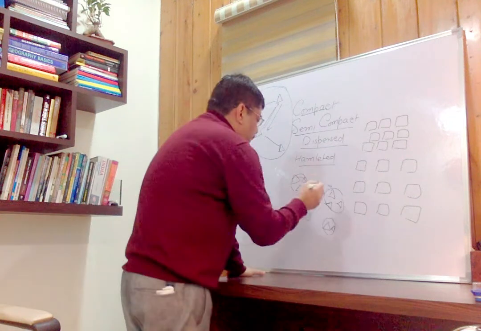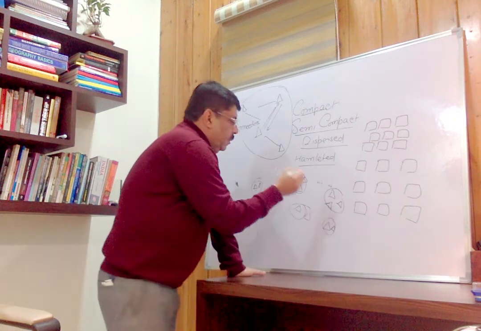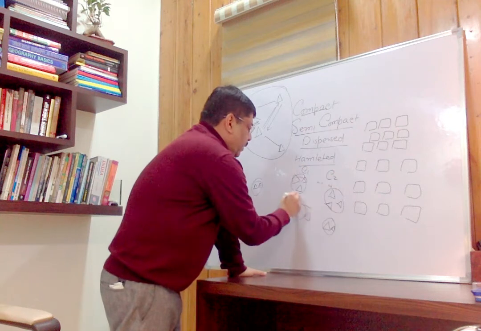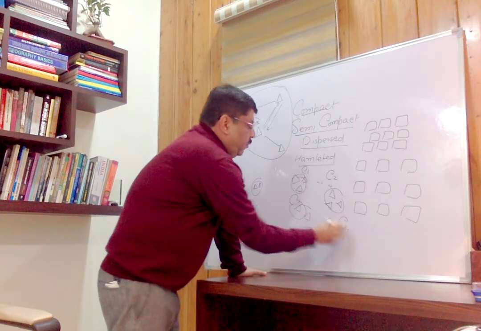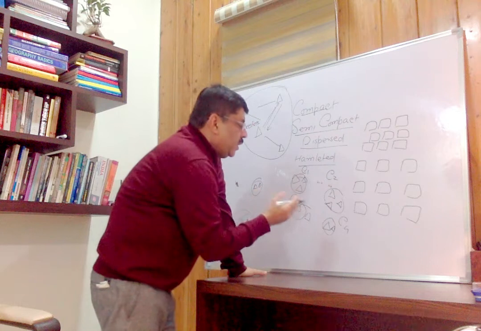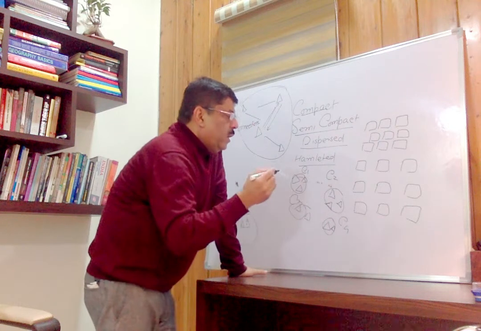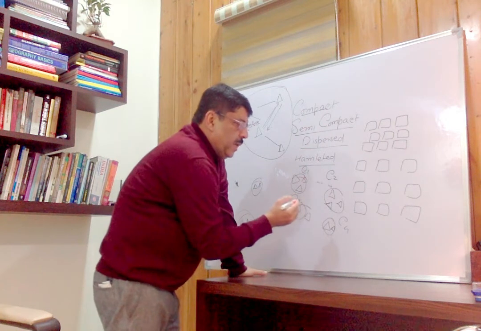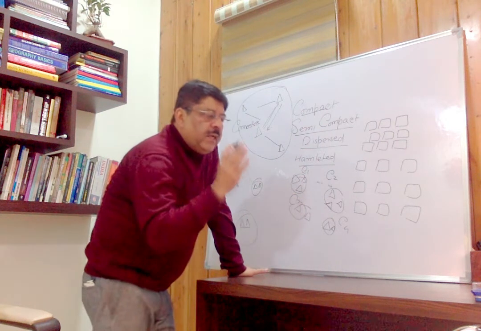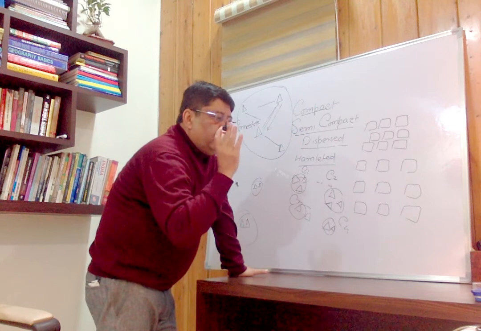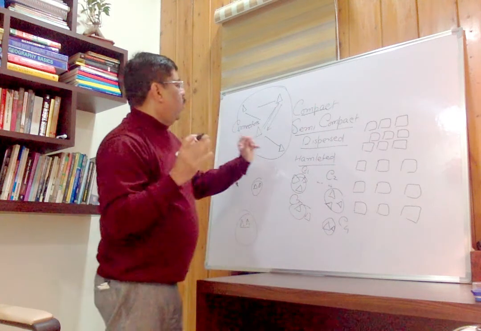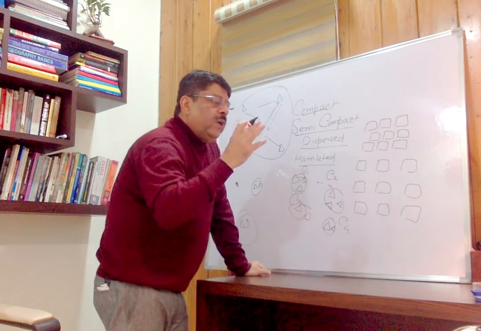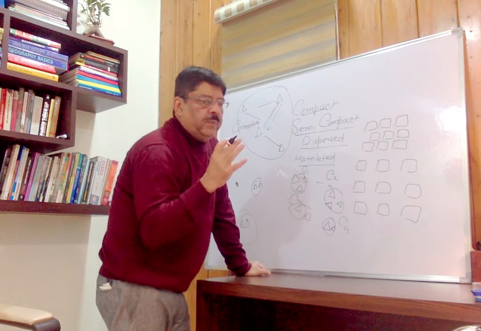Suppose this is cluster 1, cluster 2, cluster 3, cluster 4. If they don't have any connection between each other, then they don't classify to be in one village, isn't it? Connection बहुत important है, interplay, interaction. They're working as one unit. They consider themselves as one unit and work as one unit.